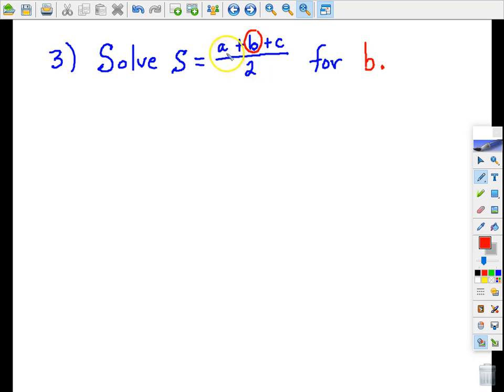So when I divide, I have to divide into this whole numerator. You can think of these three terms that are being added together as a group that cannot be separated with the division. So, as a reminder, I would recommend that you just put parentheses around this numerator.